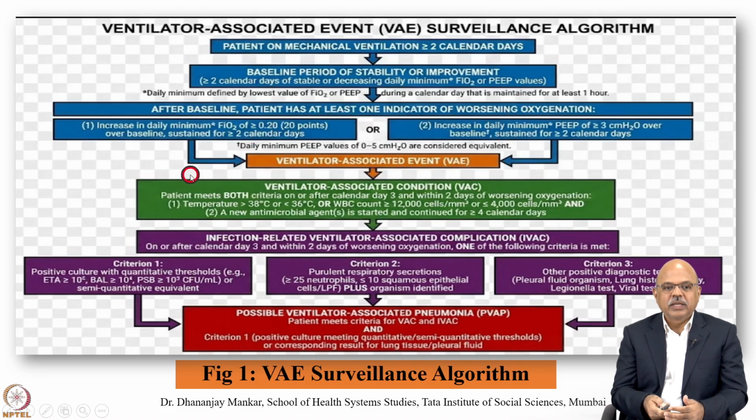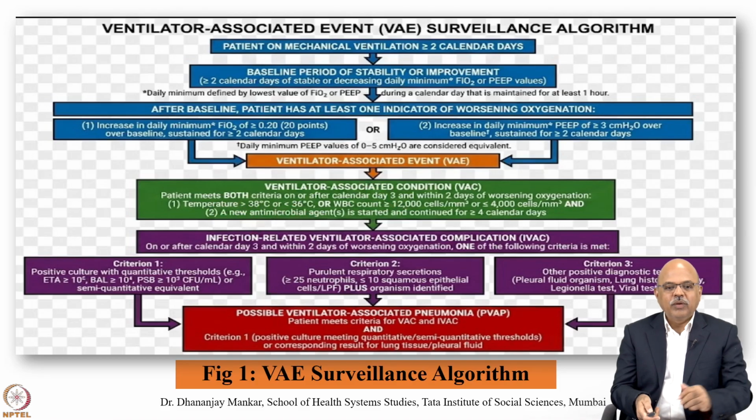You may find an increase in daily minimum FiO2 over baseline sustained for 2 calendar days, or an increase in daily minimum PEEP over baseline sustained for 2 calendar days. With this you may come across ventilator-associated events. What is a ventilator-associated condition? Where the patient meets both criteria number 1 and criteria number 2.